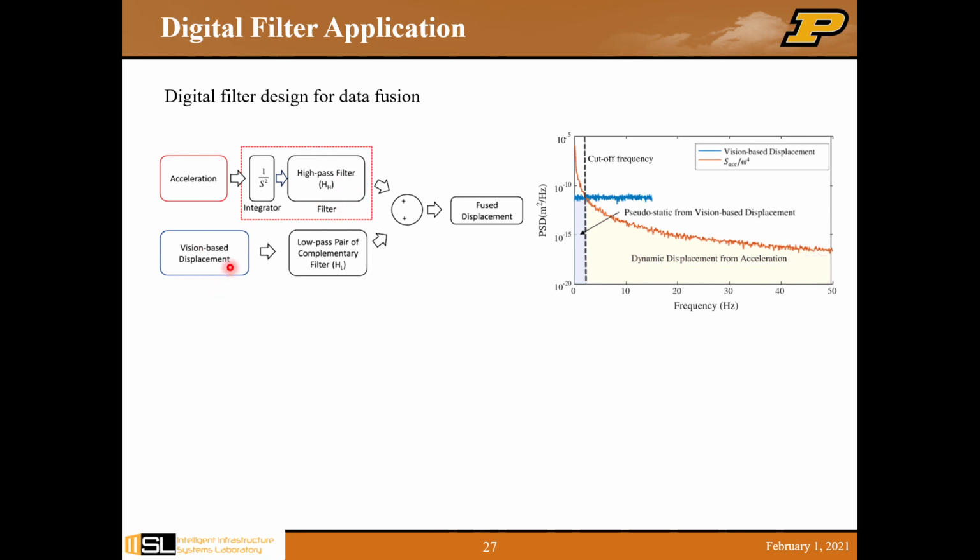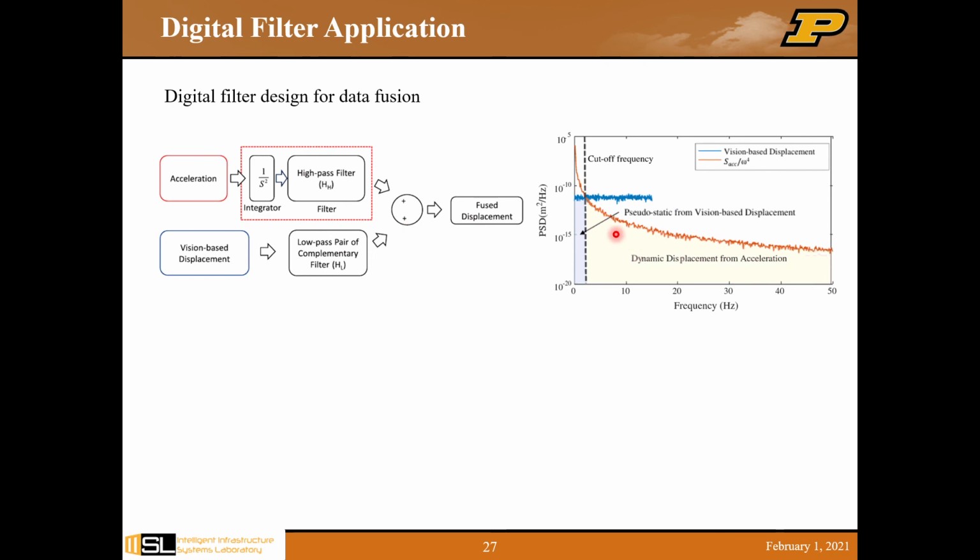And then we have another source of measurement: vision-based displacement measurement, like a camera. It does a very good job for low frequency measurement, but it doesn't do a good job for high frequency measurement. Okay, but can we just combine them together?